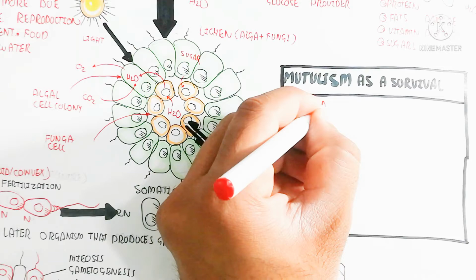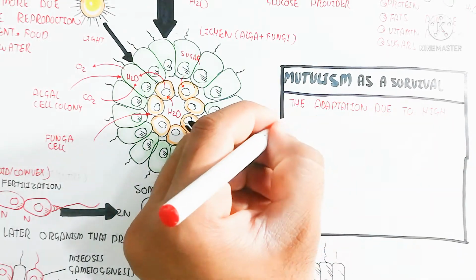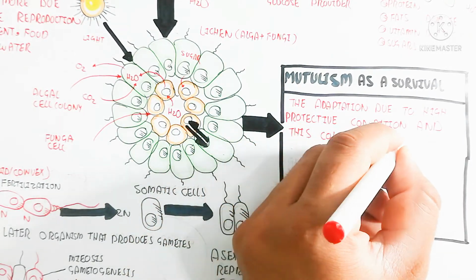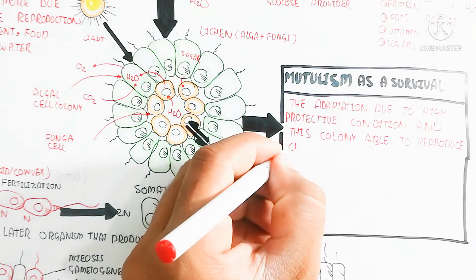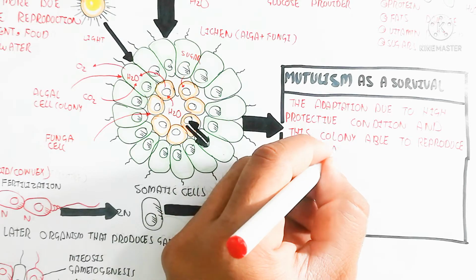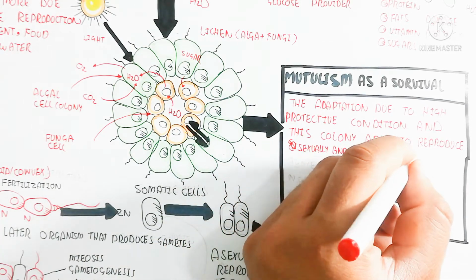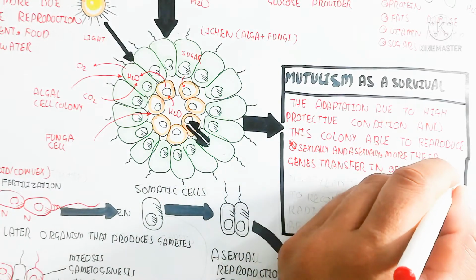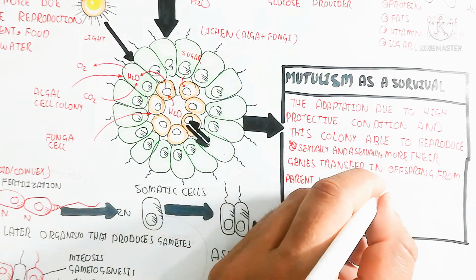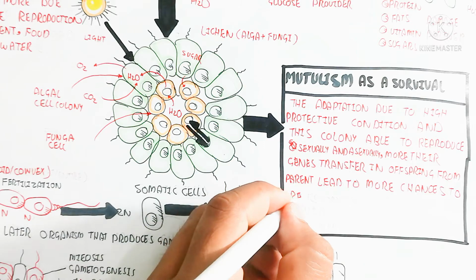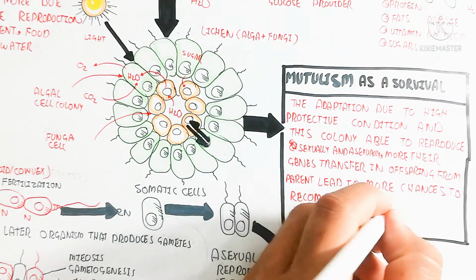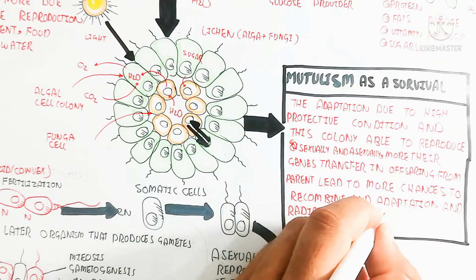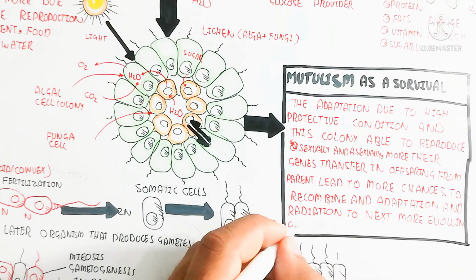So mutualism as survival basically helps each other, and this helping each other will lead to increased adaptation of the individual species, and in this way more radiation will occur, and adaptation due to highly protective conditions, and this colony is able to reproduce sexually and asexually, and more of their genes are transferred to offspring from parents, leading to more chances to recombine their genes and adapt and survive in the environment, because more reproduction will lead to more recombination and more survival of the species, and radiation to the next, more evolution.